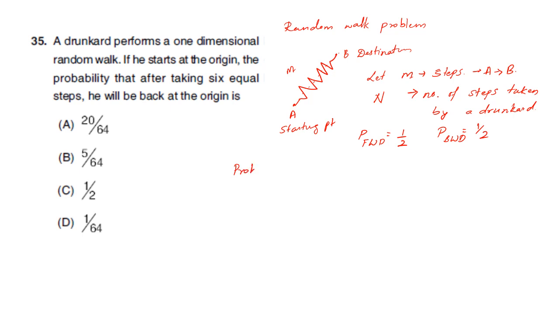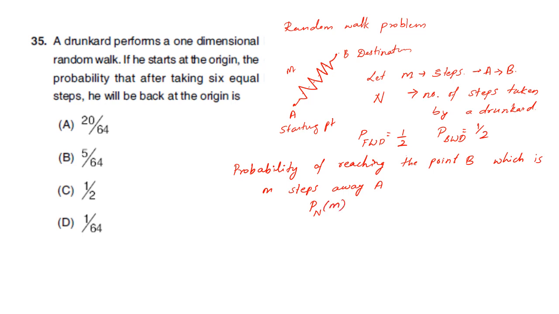Then the probability of reaching the point B, which is m steps away from starting point A, is given by, from binomial theorem, P(n, m) is n factorial divided by (n plus m)/2 factorial into (n minus m)/2 factorial.